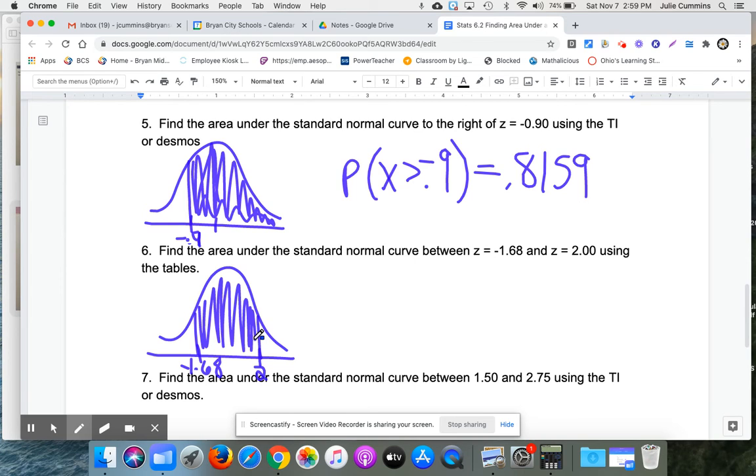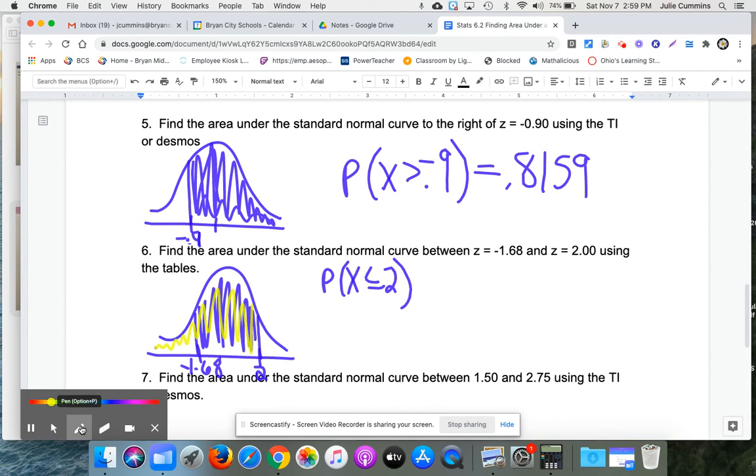Now, remember, the table only tells us area to the left of. So what we can do is first find the area to the left of 2. That's going to give us this area all the way down.